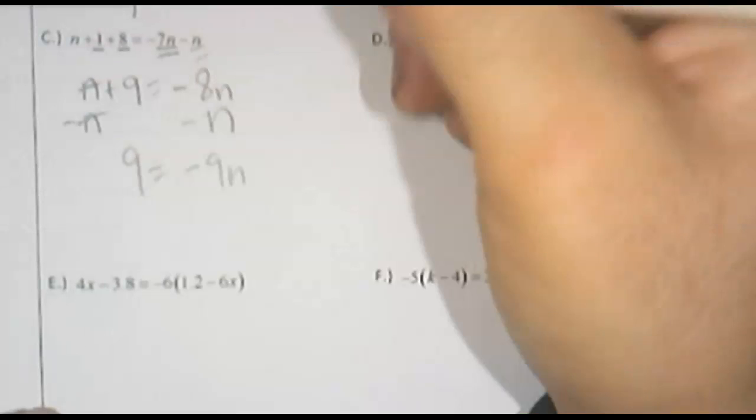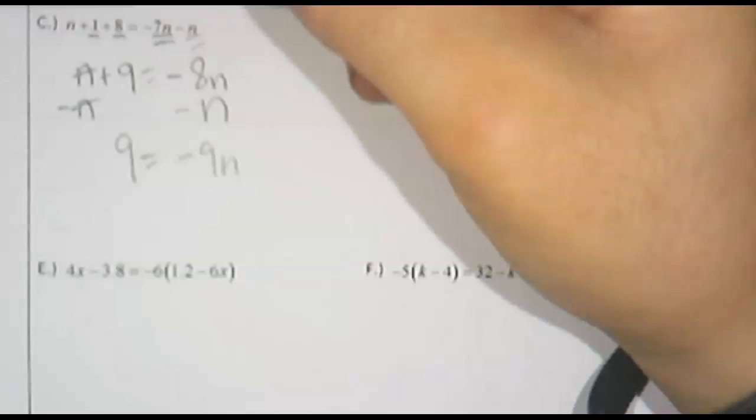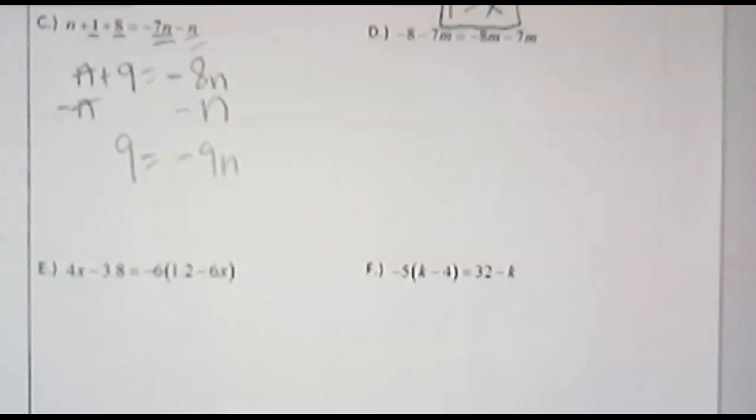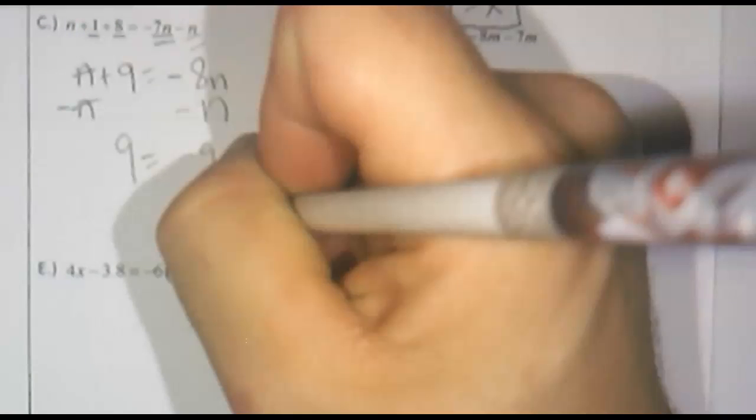The reason I move the lesser variable is because if I don't, if I move the 8n this way, then I'm going to have one extra step where I move the 9. Basically, I don't want to add extra steps. I'd rather just have a negative number here than have an extra step. So 9 divided by negative 9 is negative 1. Here we cancel, we have n equals negative 1.